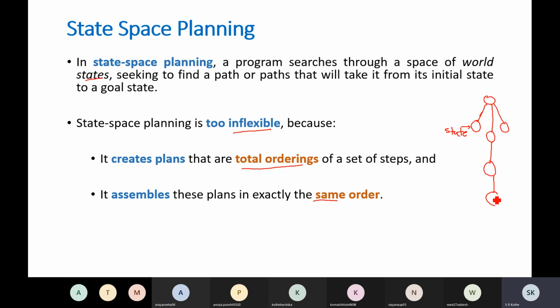So for example, if this is a solution path from starting state S to goal state G, say the solution path is S, B, D and G. Here this is a total order. First you will start with state S, then move to state B, then D and finally G. So this is called total ordering of states. So therefore it is not flexible.